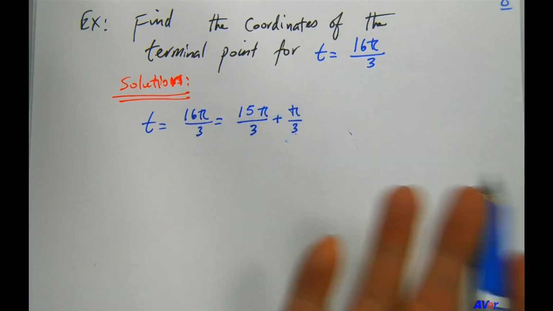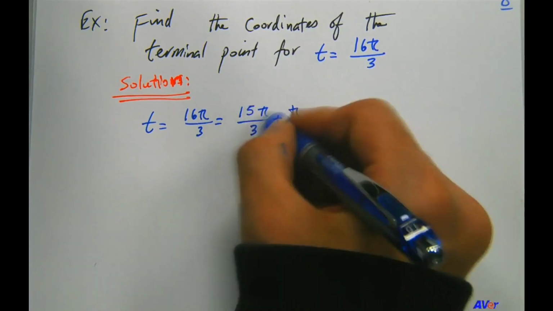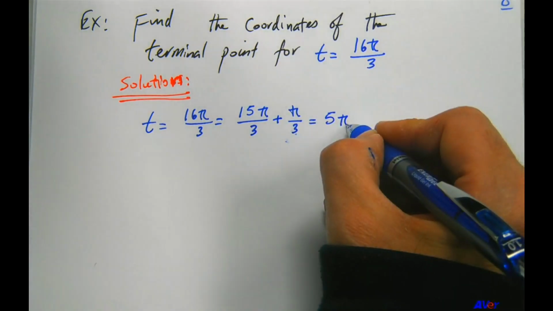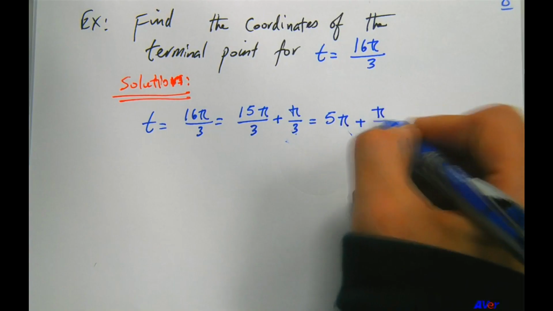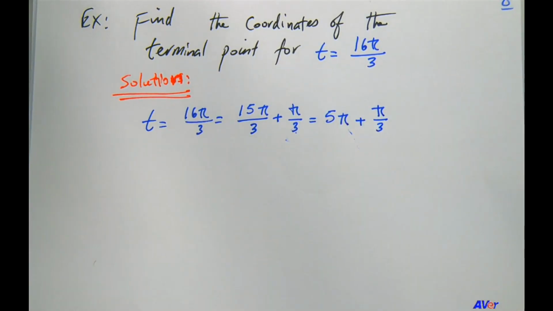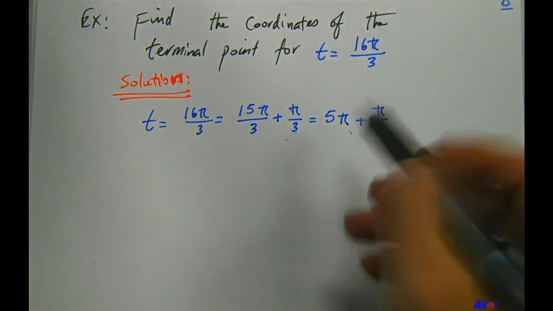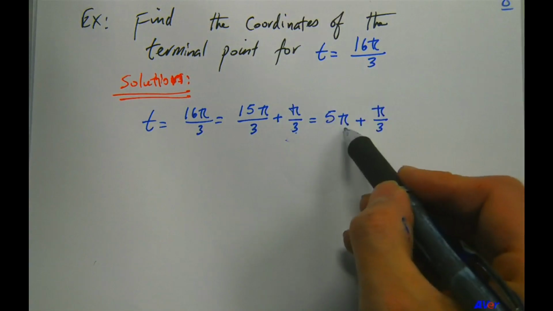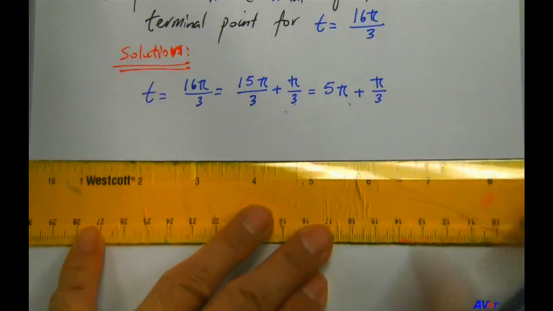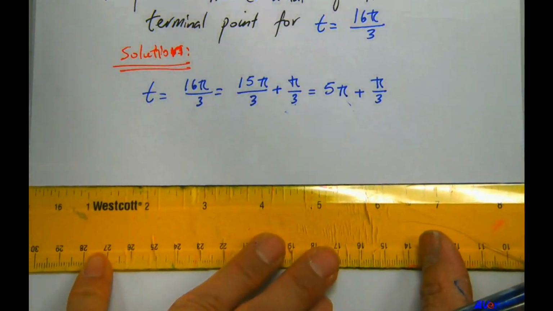So what's the benefit of this? Well, 15 pi over 3 means it's 5 pi, plus pi over 3. That is 16 pi over 3. Using this whole factor of pi, we can easily find out which quadrant this angle is in.